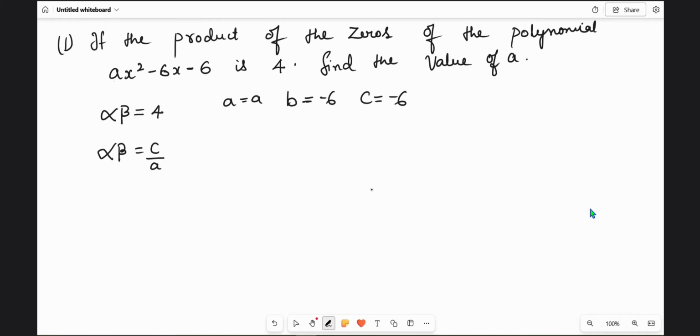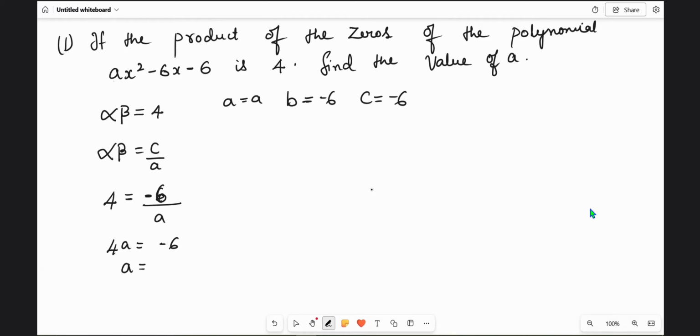Now alpha into beta is 4. Now this is equal to, what is C value here? Minus 6. And A value is A. So what you will get? 4A is equal to minus 6, or A is equal to, since 4 into A it is multiplication, when it transposes you will get it as a division, correct?